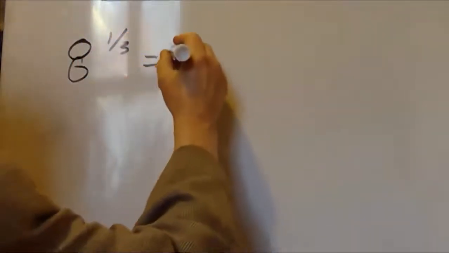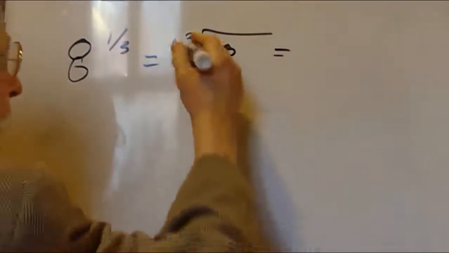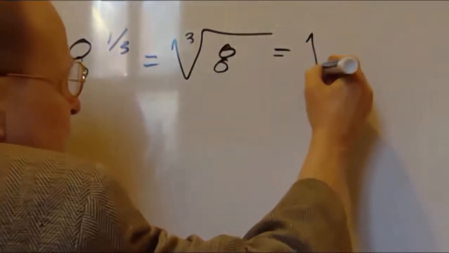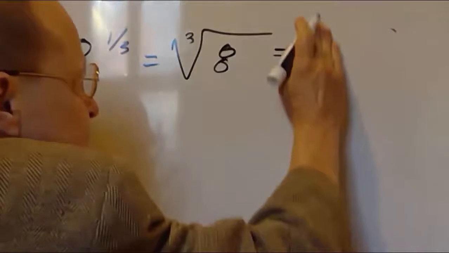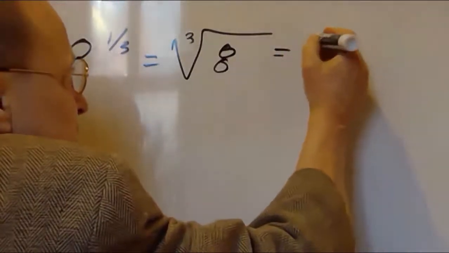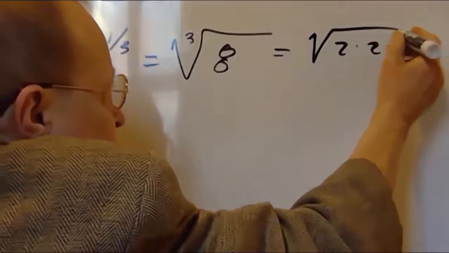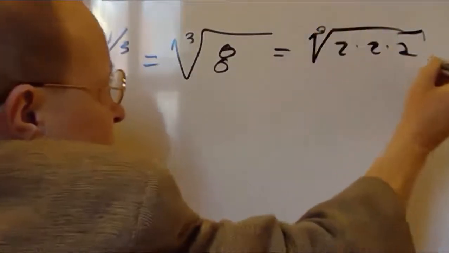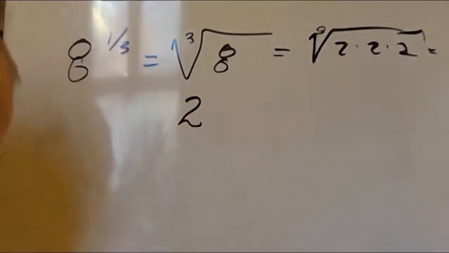What this means is the cube root of 8, because we have to multiply the same number 3 times. 2 times 2 times 2 will give us 8, and that means that this is going to be 2.